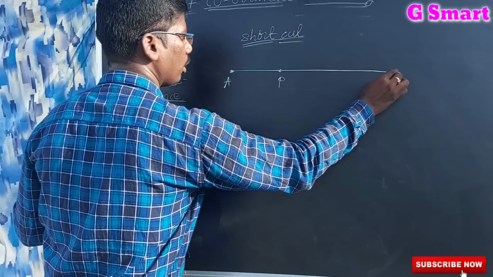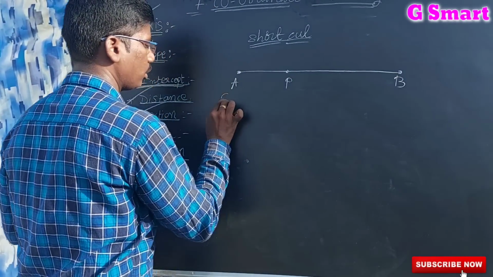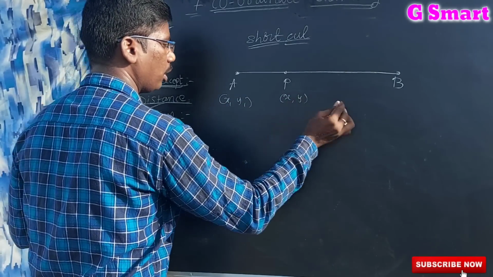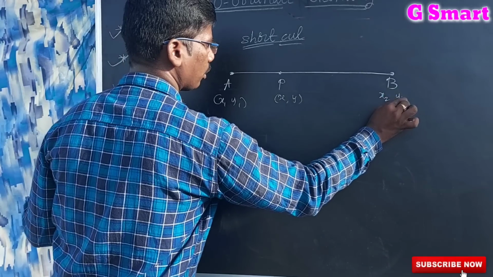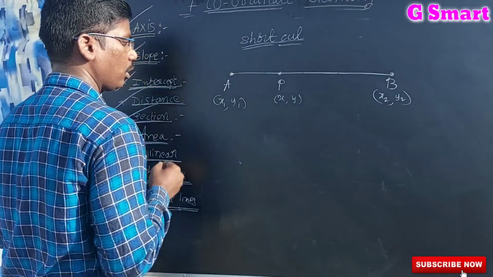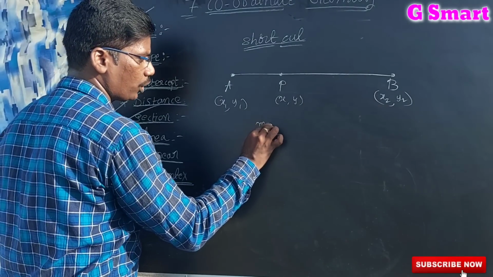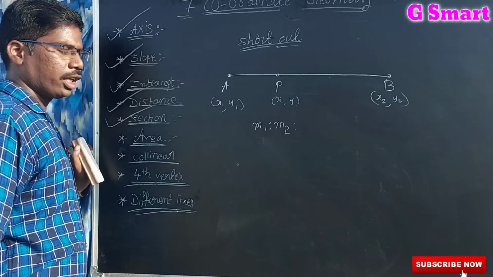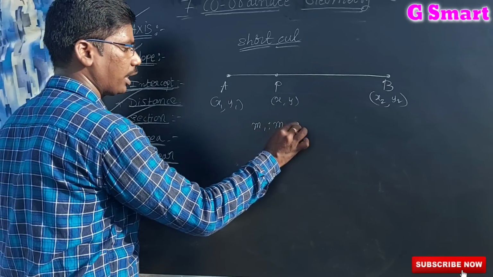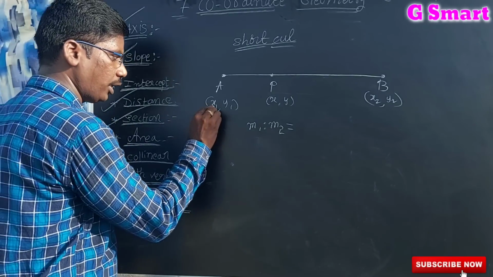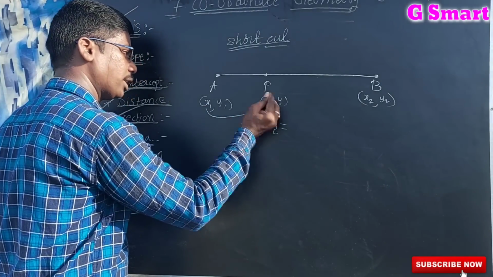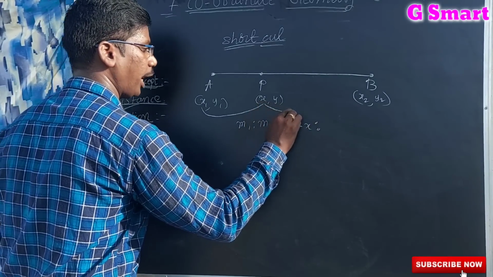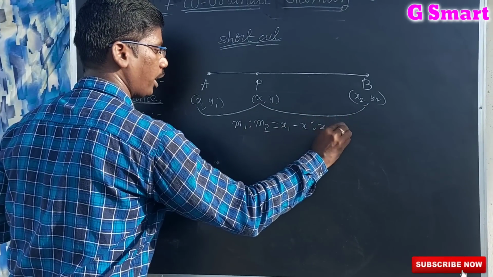So P and B, this is (x1, y1), (x, y), (x2, y2). They will ask to find the ratio in which this line is dividing. What you have to do is, see here, x1 minus x is to x minus x2.